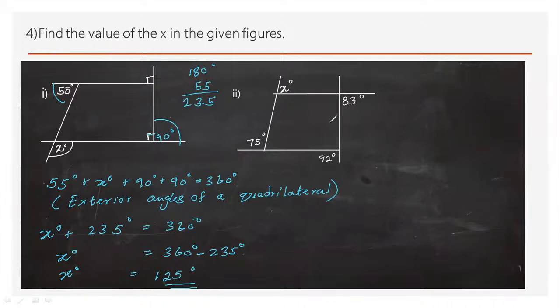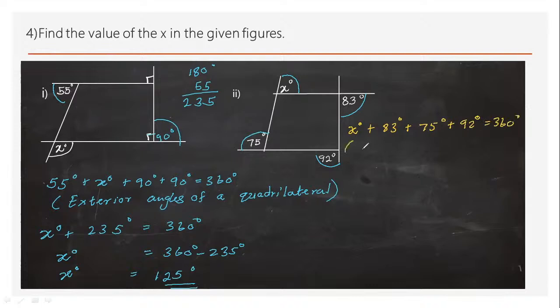And now look at this here also, all the exterior angles given except x. So we have to find here x. Right? x plus 83 plus 75 plus 92, 360. What is the reason?